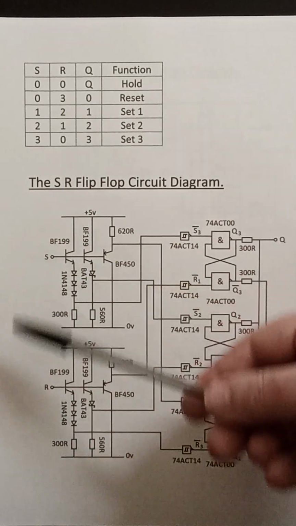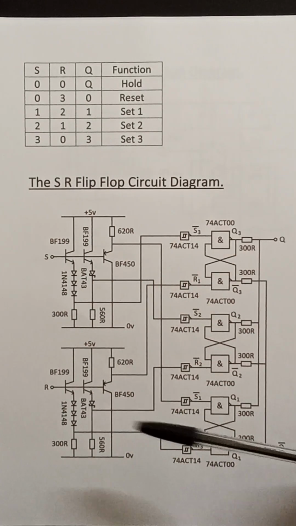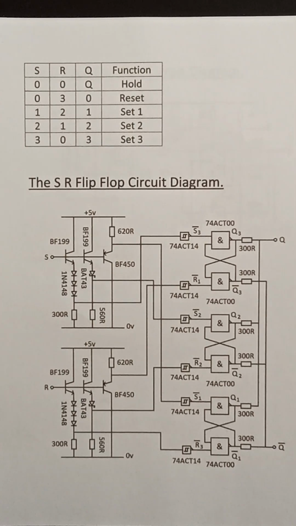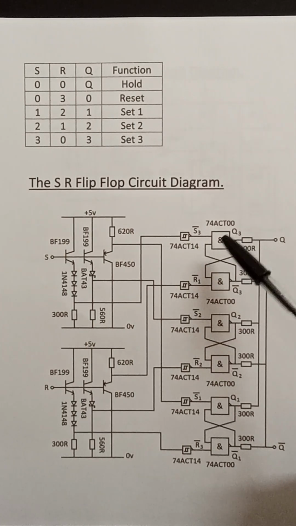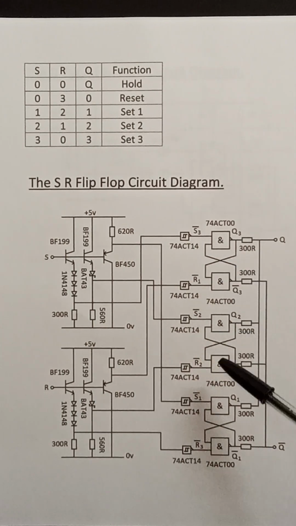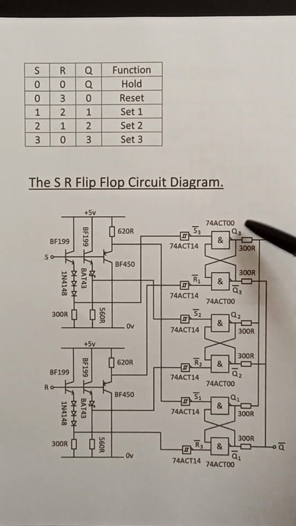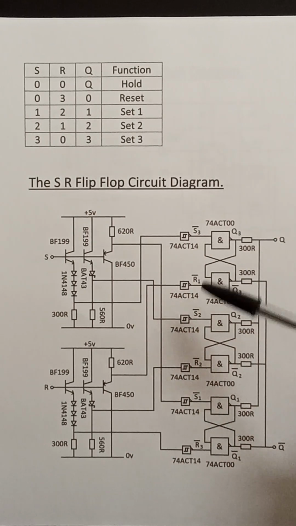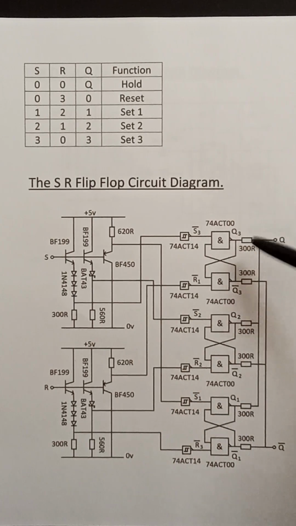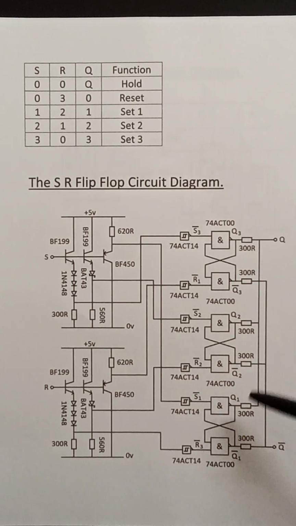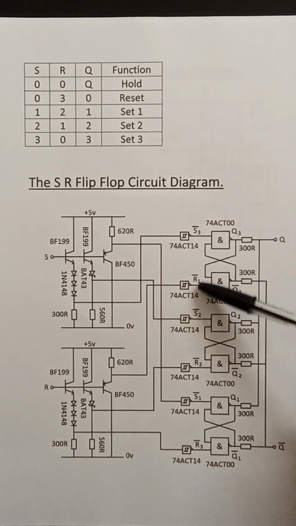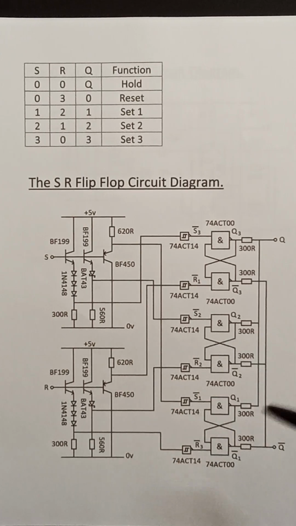So this is the circuit diagram for the quaternary SR flip-flop. Here I've used the NAND configuration, which is a not S, not R flip-flop. This is output Q. These are your outputs Q, not Q. And these are your set and reset inputs.